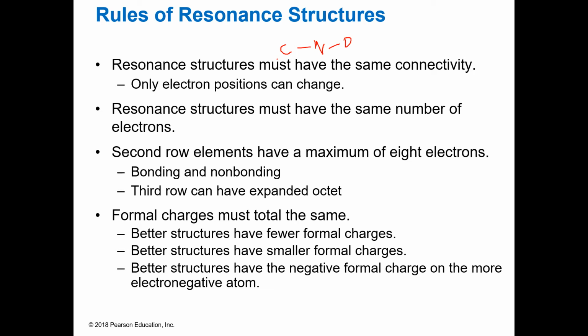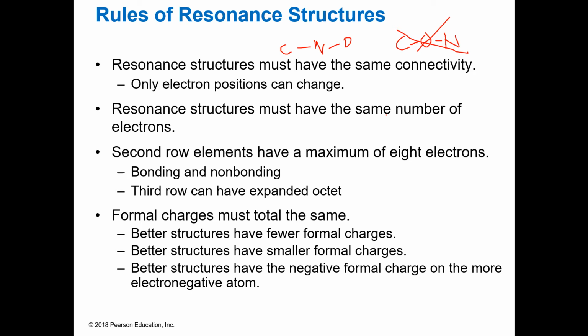The resonance structures have to have the order of these. So you can't switch them like this. Switching those 2 atoms and how they're connected would not be a resonance structure of this. So it's only the electrons that are changing position.